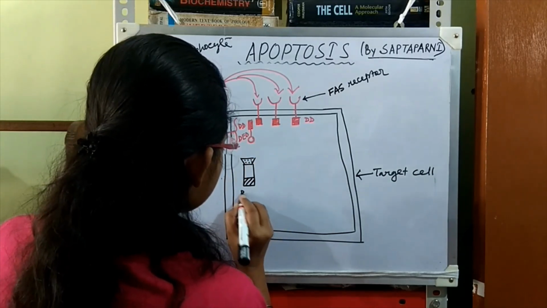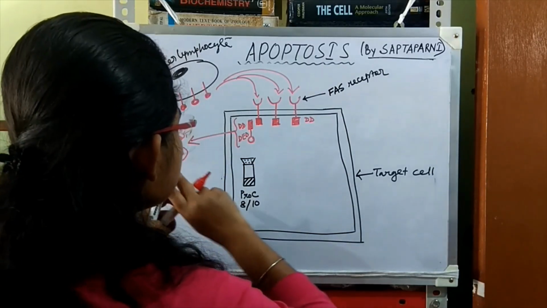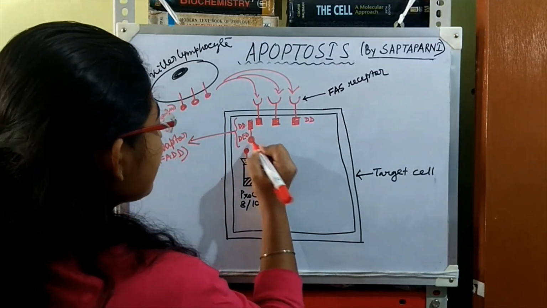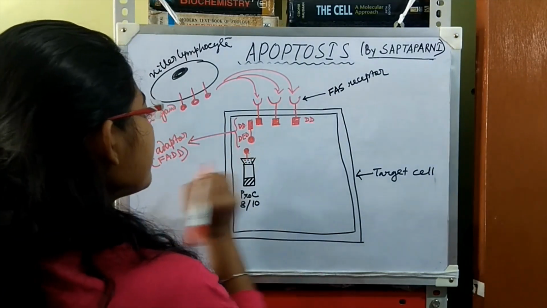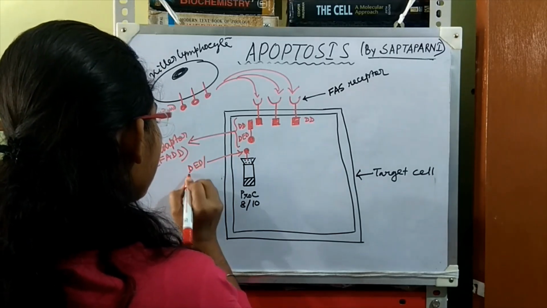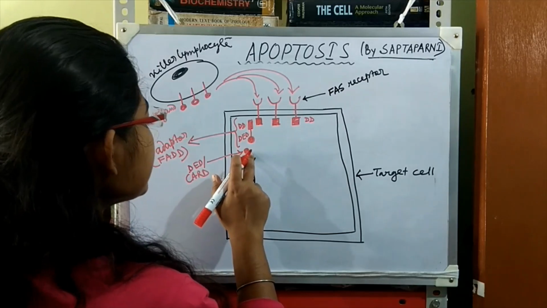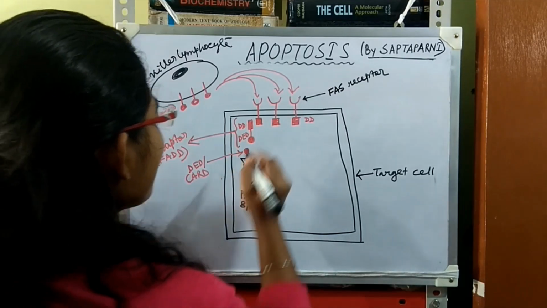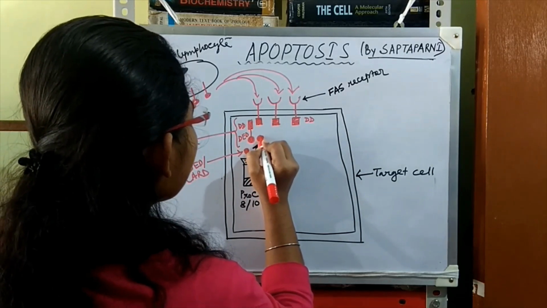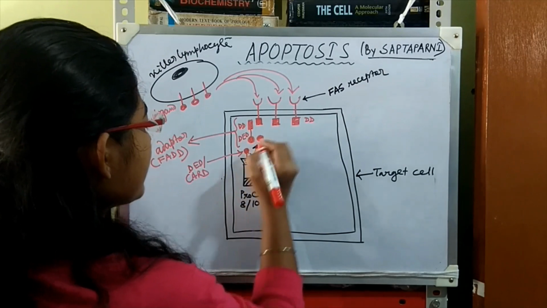It could be procaspase 8 or 10, okay? And we have already discussed its CARD domain, also known as death effector domain, DED or CARD domain. So this DED or CARD domain binds to the DED or death effector domain of the adapter protein like this.